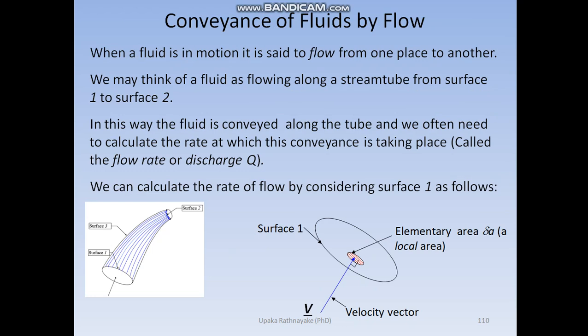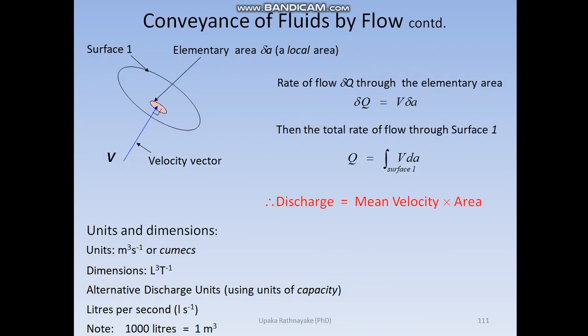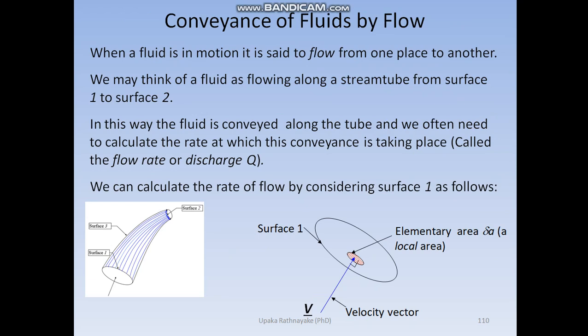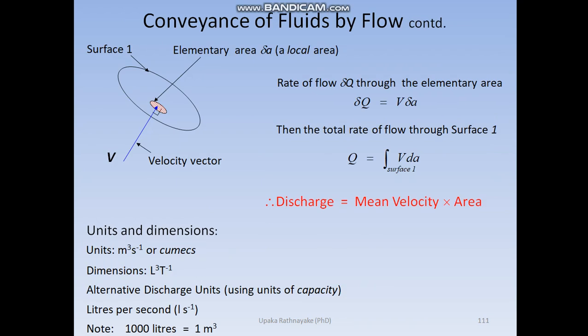Let us consider a small surface area from the cross-sectional area, say surface 1. Now that small area is delta A. We know the flow through this small area is delta Q equals V delta A.